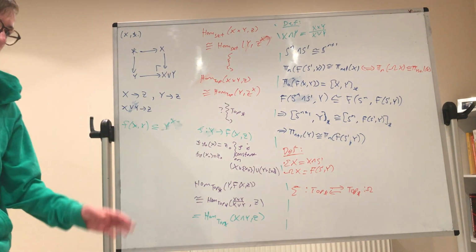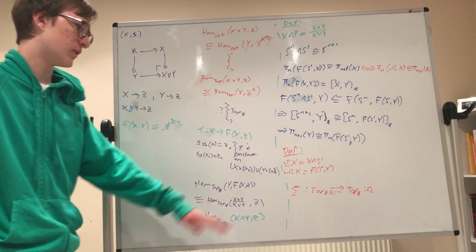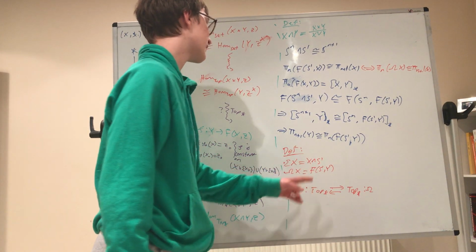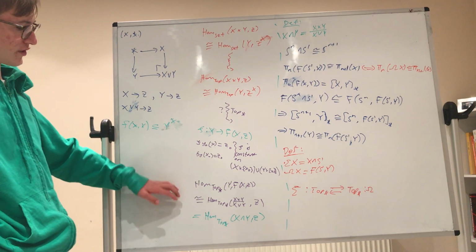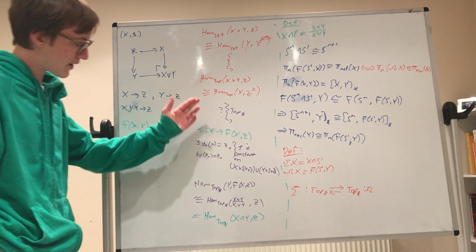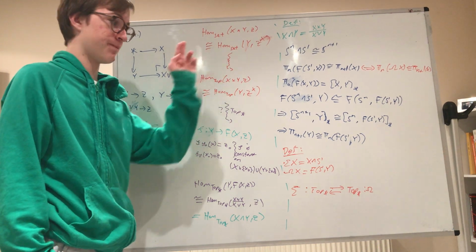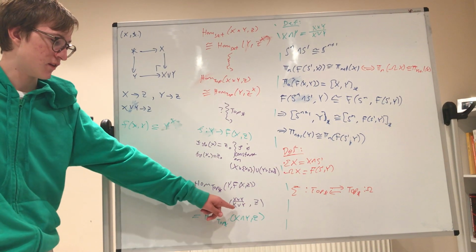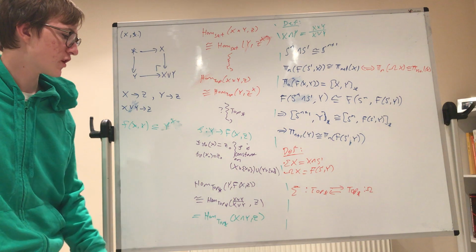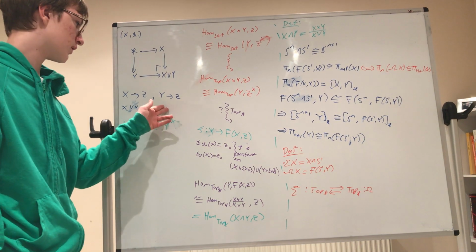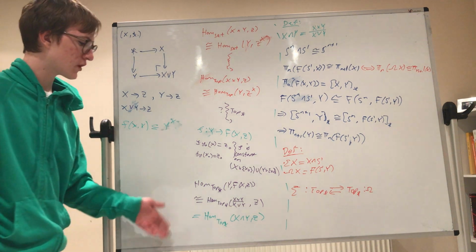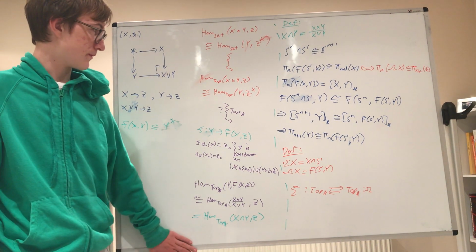I've defined the main two objects that we're going to be talking about in this video: the loop space and the suspension. But how did we get there? Well, firstly, we desired a based analog of this adjunction here. And we had to quotient out by some wedge product, which is the coproduct in the category of based topological spaces. And we got down to this adjunction here.